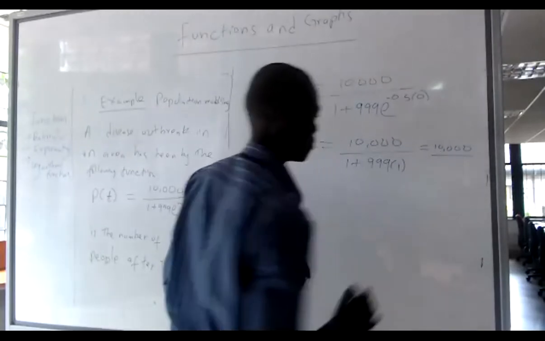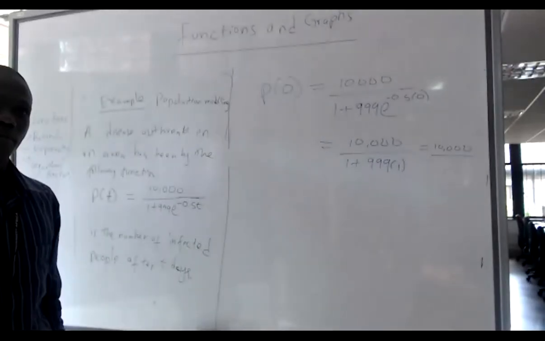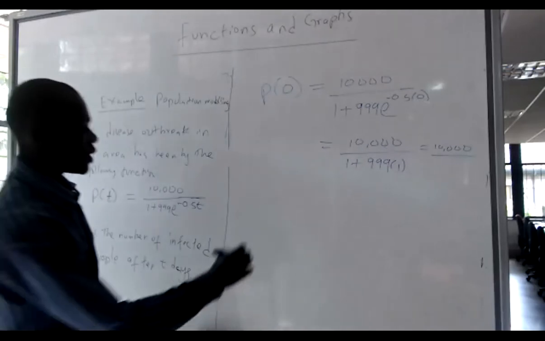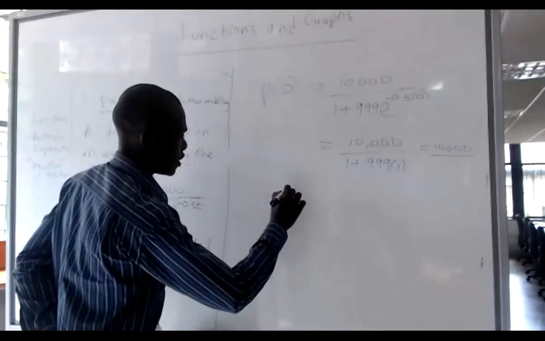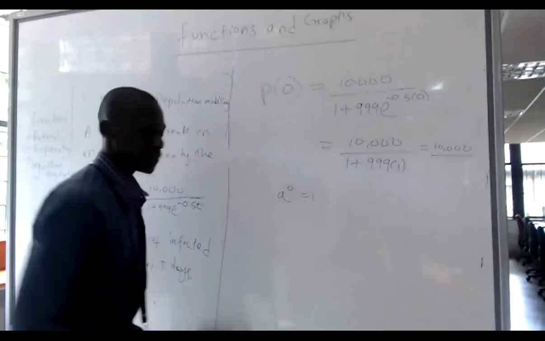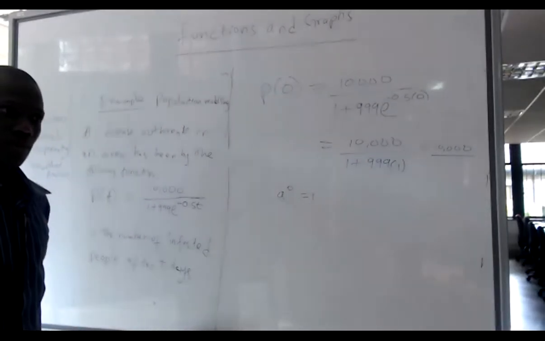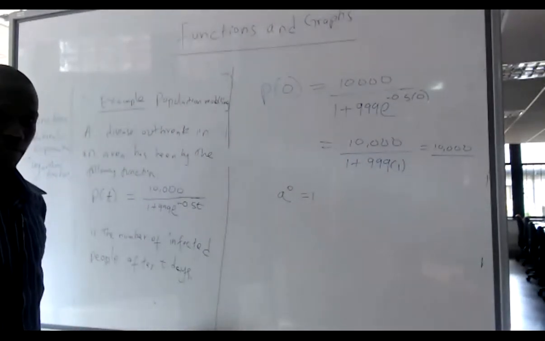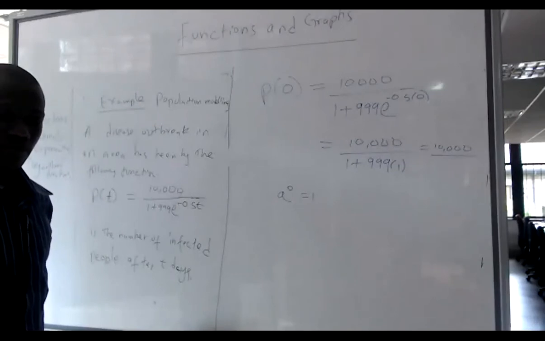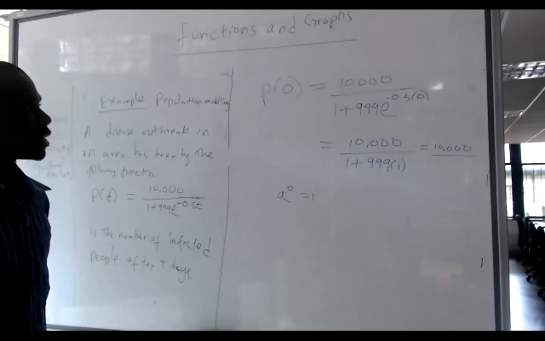What about the E? Remember this law of indices, a raised to 0 is 1, where a is any number. But it's not 0, it's 0.5. Yes, it is 0.5.